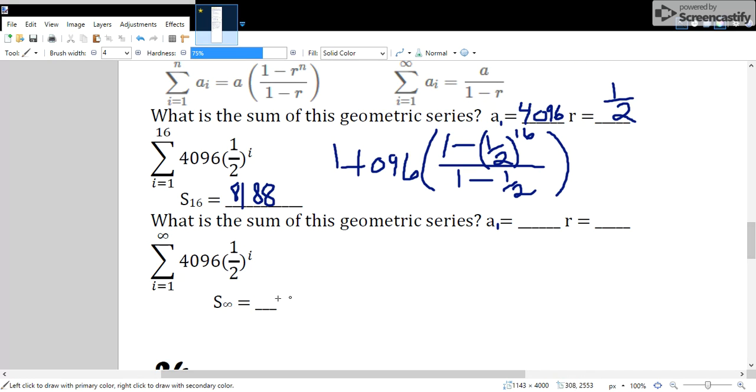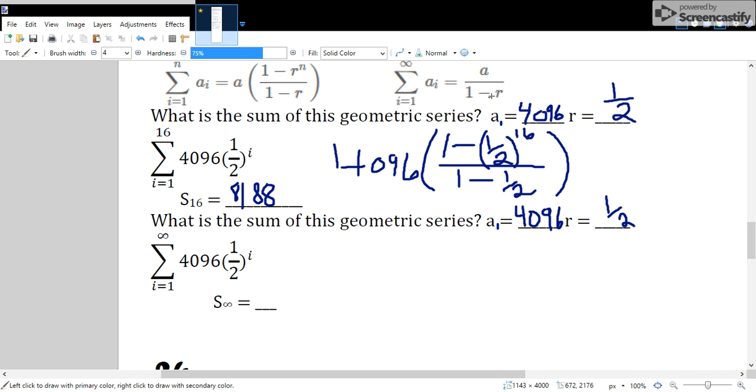Okay, now let's just assume that instead of 16, we're looking for all the terms in that sequence. So our a of 1 is still the same thing. And our r is still the same. Which, by the way, you can only do this if r is less than 1.